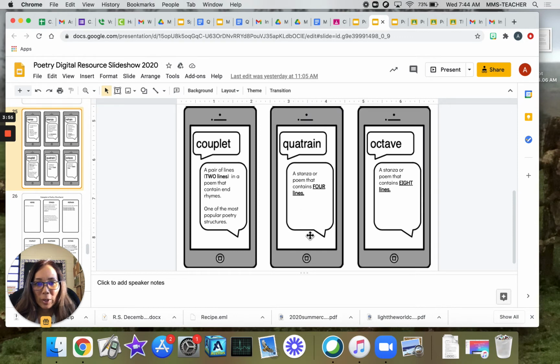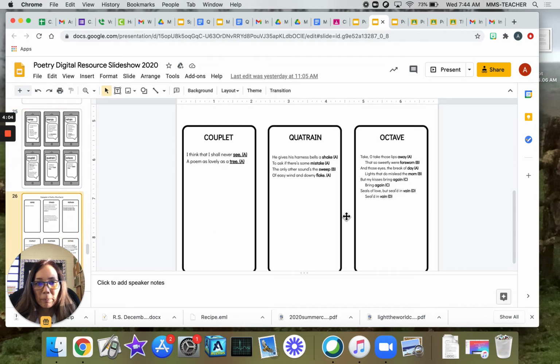Now, a quatrain is a stanza or poem that contains 4 lines. Now let's look at the example. Here's an example of a quatrain. "He gives his harness bells a shake to ask if there is some mistake. The only other sounds the sweep of easy wind and downy flake."